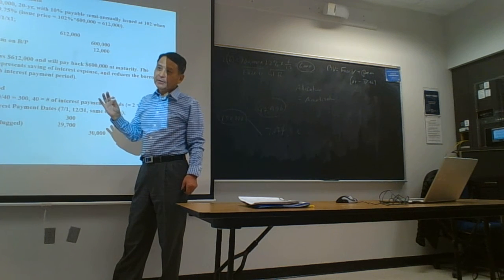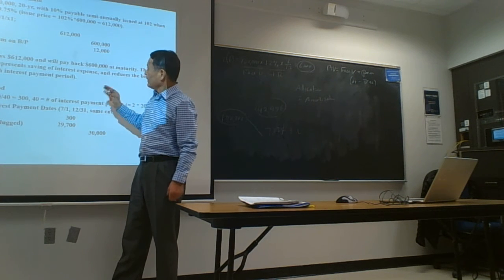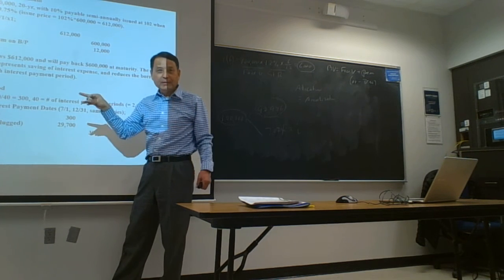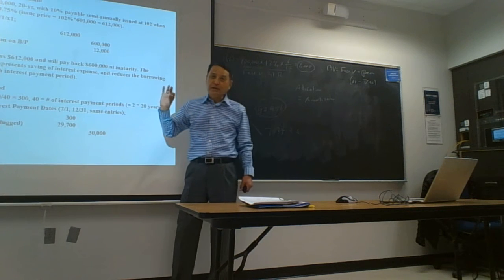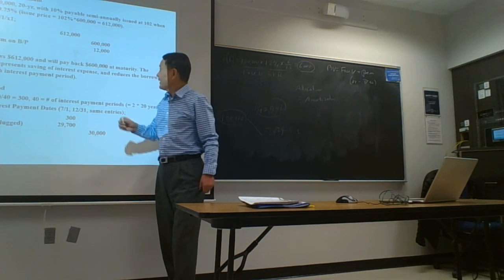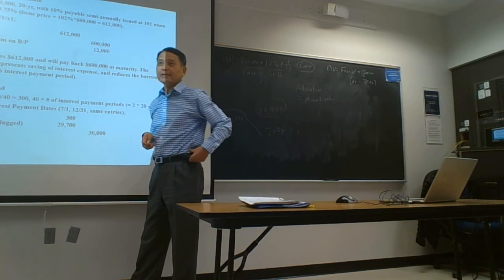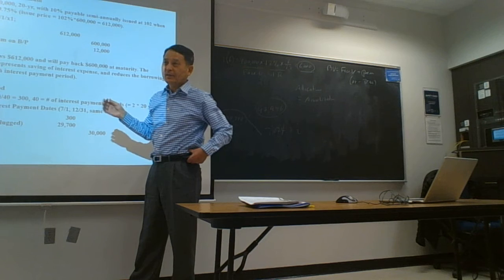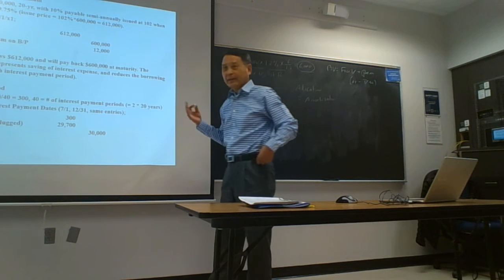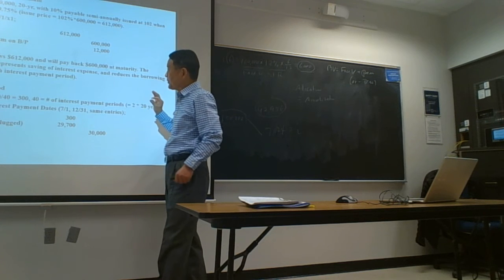So the difference, $12,000, sounds like a profit, as if the company is making money, but you cannot make money by borrowing money. So that $12,000 represents a saving of interest expense, negative interest expense. This reduces the borrowing cost, reduces interest expense.